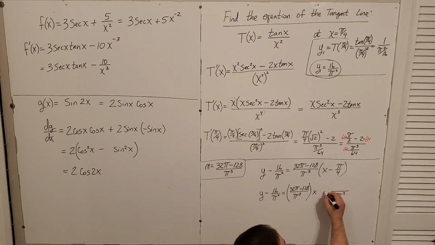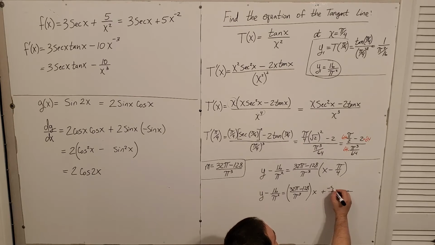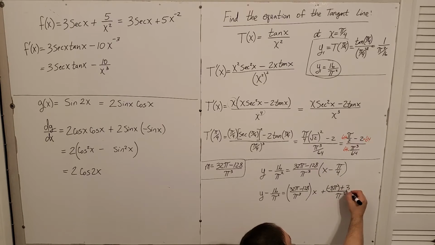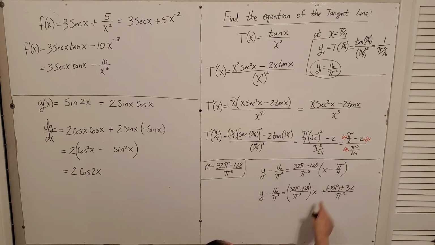That's going to leave me, I'll go ahead and put a plus here, and I'll just have the negatives appropriately put here. That's going to leave me a -8 pi and plus, let's see, should be what, 32? Because it'll be the 64, yeah, it should be 32. And it's plus because of the double negative.